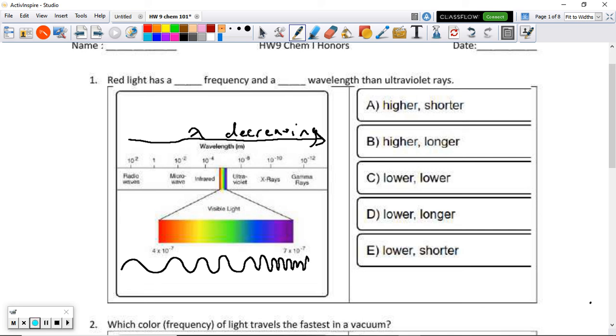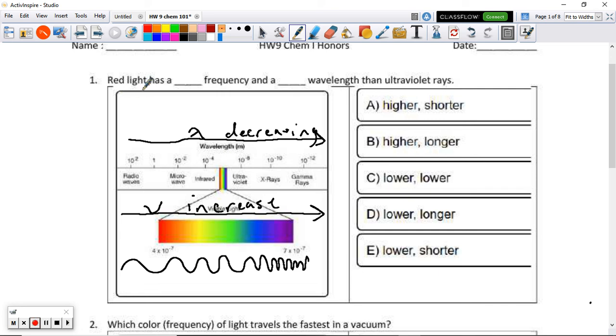My drawing's not the best on this, but if wavelength is decreasing, frequency, as we move from left to right, will increase. All right, so as wavelength decreases, frequency increases.